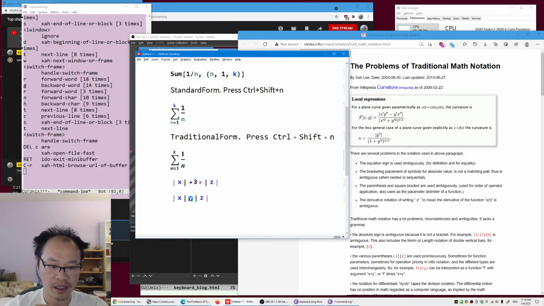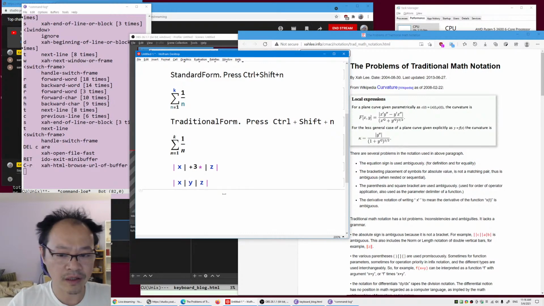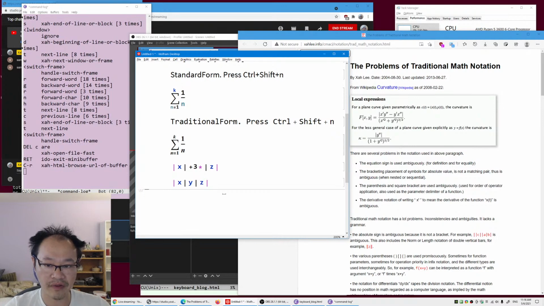In most languages, you cannot do that, but in Mathematica, you can. So if y is a variable that stands for an operator, then the interpretation becomes ambiguous, because you can say the absolute value of x and absolute value of z, or you can say the absolute value of y, then you take the absolute value of the whole thing. So this is just one of the many examples of the flaws and ambiguity of traditional notation.